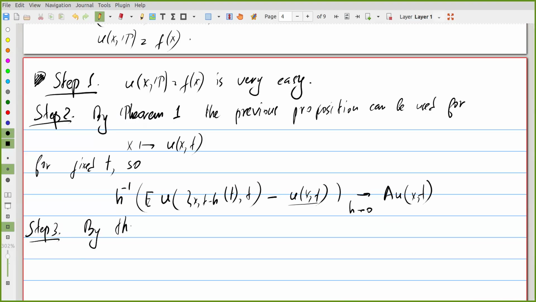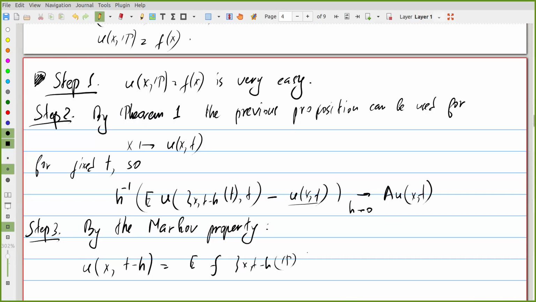By the Markov property of solutions of SDEs, we get u(x, t-h) is the mathematical expectation. By definition, just write down the definition.